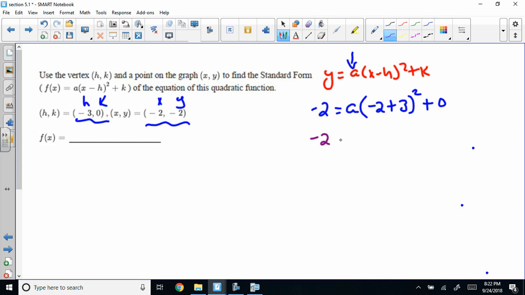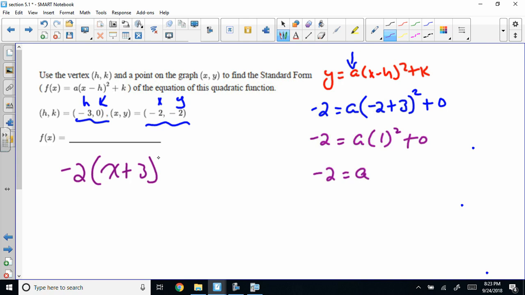That's -2 equals a times 1 squared plus 0, so that's really -2 equal to a. So the equation would be -2(x + 3) squared. Do I have to put the plus 0? Nah. There you go.